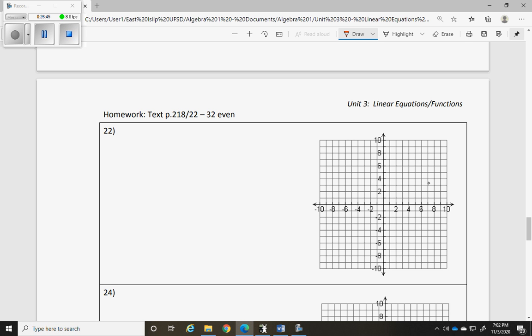So to turn in work for today, I need to see the notes that we just did, and I need to see the homework complete. I am going to provide you with the rest of the classwork answers in a moment, so that you can see what the answers are in case you're curious.